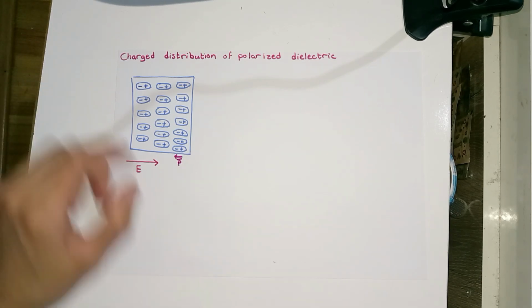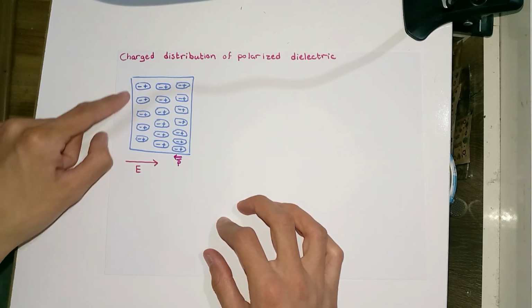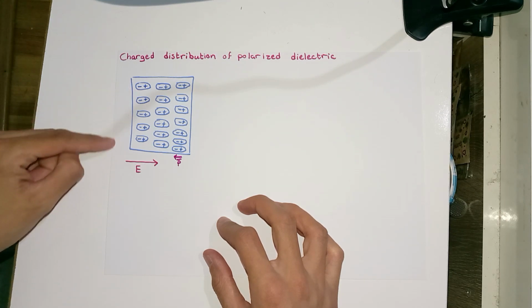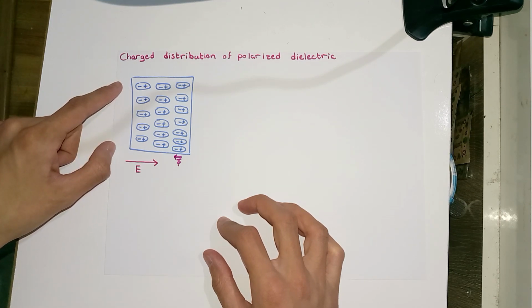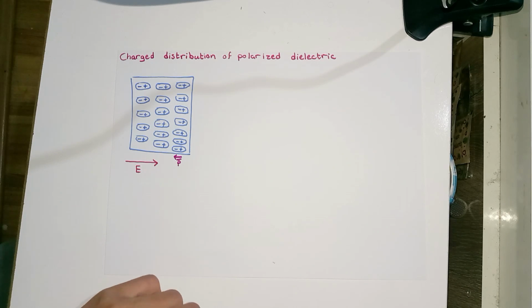So as we said, the alignment of all these dipoles inside the dielectric will construct a huge polarization. And now we are going to find a smooth point function which expresses this polarization.